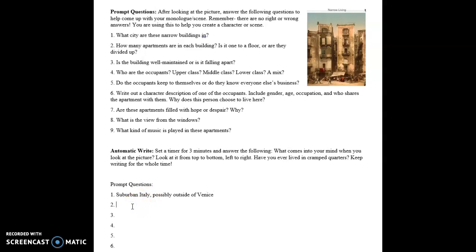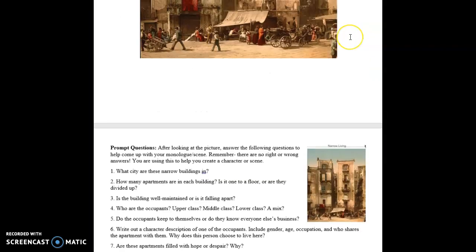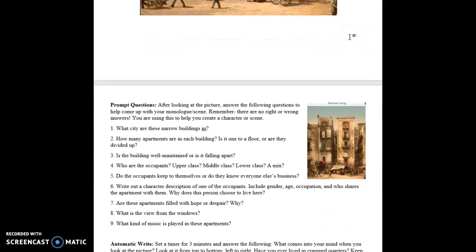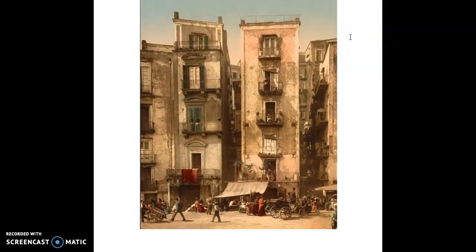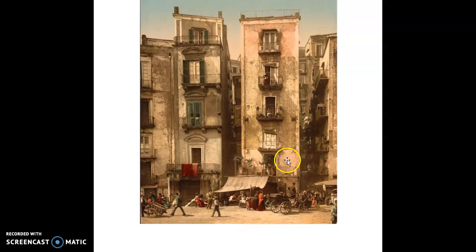Okay. So, how many apartments are in each building? Is it one to a floor, or are they divided up? I've got this small picture over here, but that doesn't necessarily mean that I can see it all too well, so I'm going to scroll back up. And in your example, it'll just have the big image. So I can see just from looking at it that there's 1, 2, 3, 4, 5, at least 5 floors.